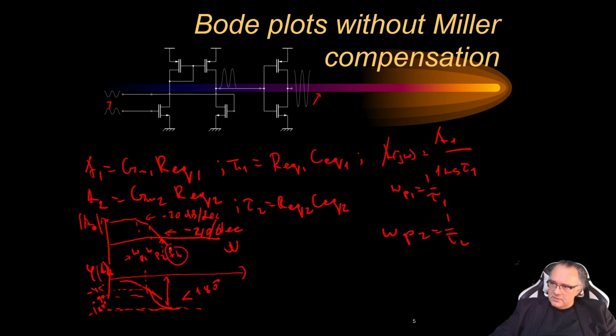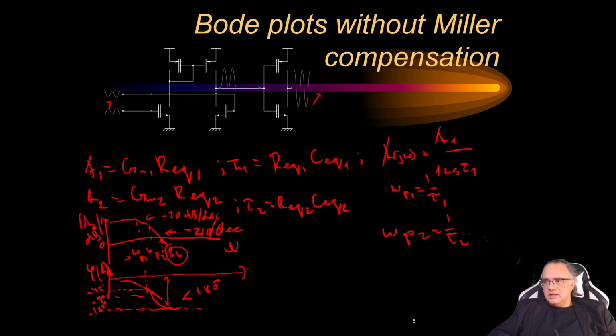This is the unity gain bandwidth where the gain becomes 1, in dB scale 0 dB, and at this frequency called ft, we must have a total phase rotation of less than 180 degrees. Then we will have a guaranteed stable system.